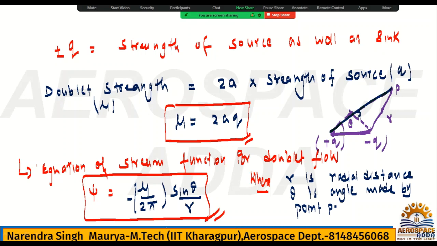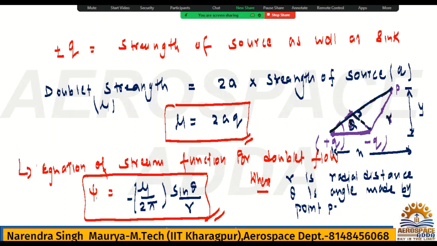This is the perpendicular. This is r, the radial distance. This is theta. Okay. This is the point P. This vertical length is y and the horizontal length will be x. Hope you understood. This is the sufficient diagram. More than enough.